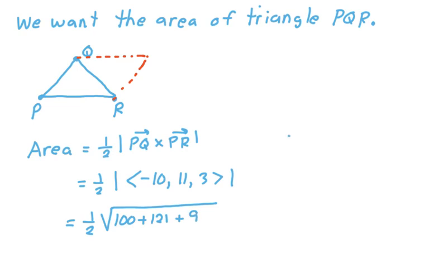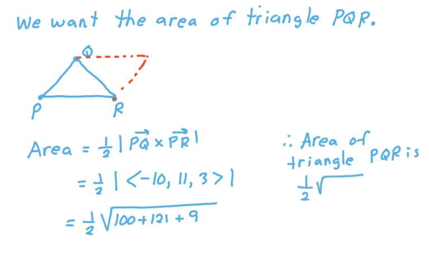And so, therefore, the area of triangle PQR is 1/2 times the square root of 230. And that's how we do problem number 29.